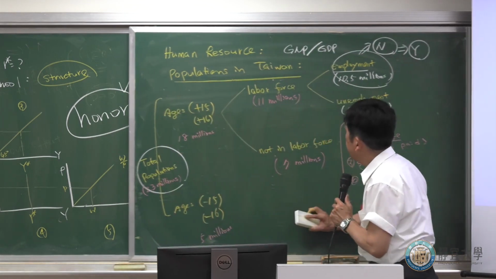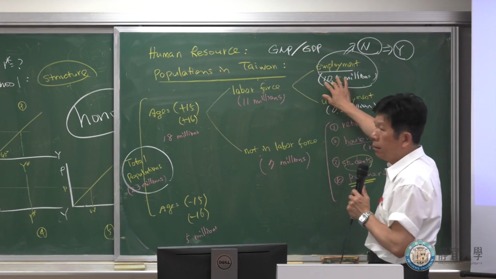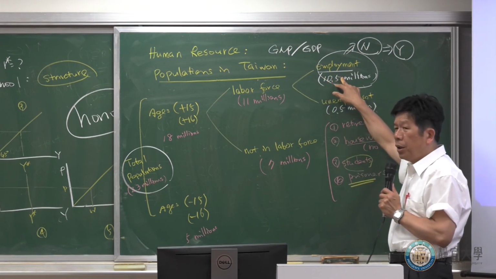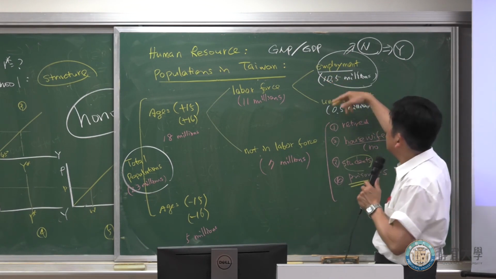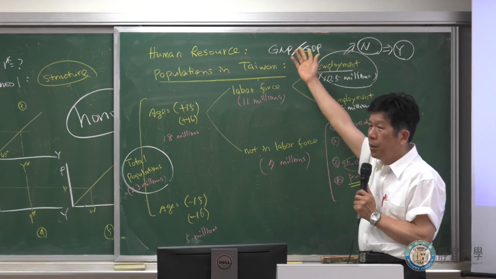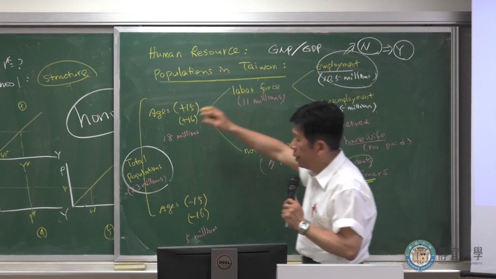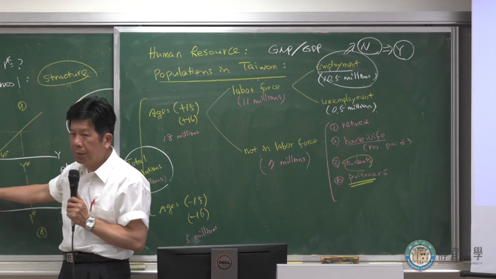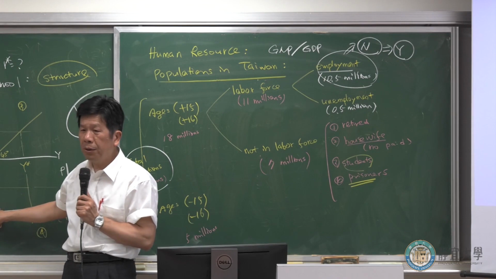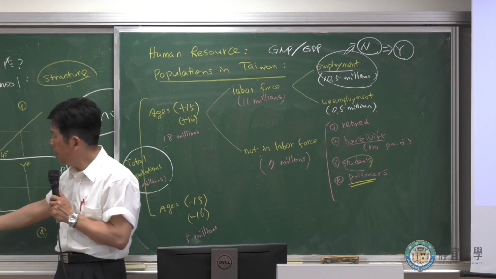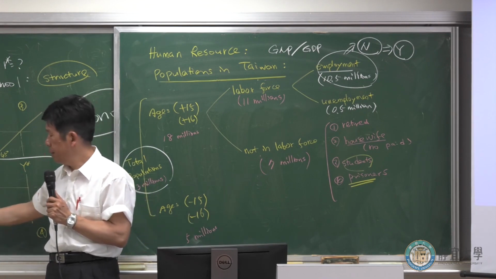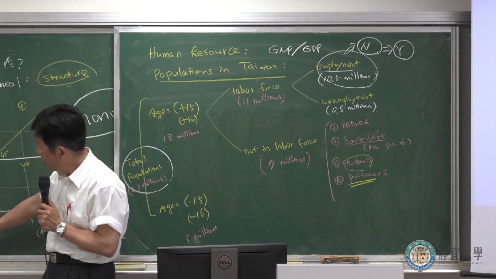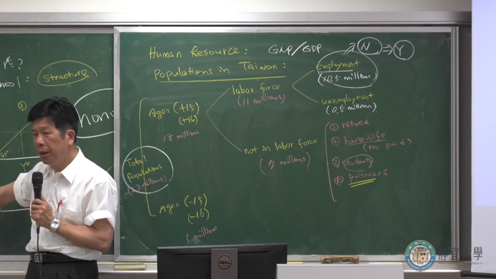So here you can see these people on the job, and then they can create GNP or GDP. This is the labor supply, this is the labor demand, and in the labor market they can find the equilibrium labor.